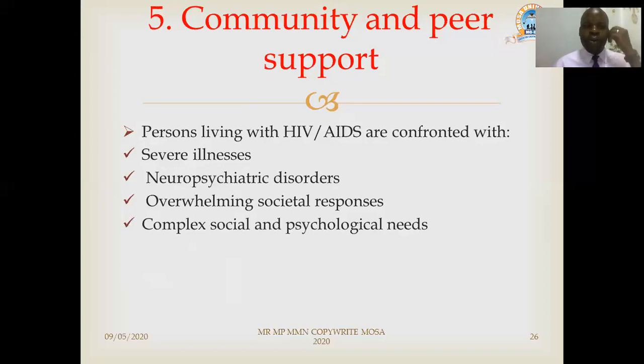So when the community is able to support these people, even the manner in which they adhere to medication becomes better.